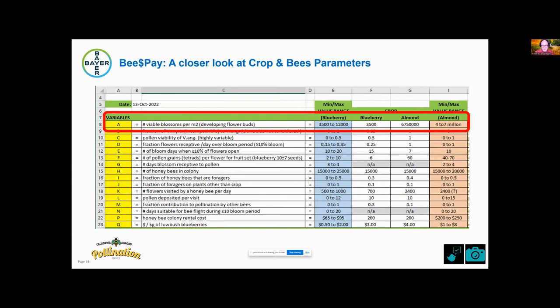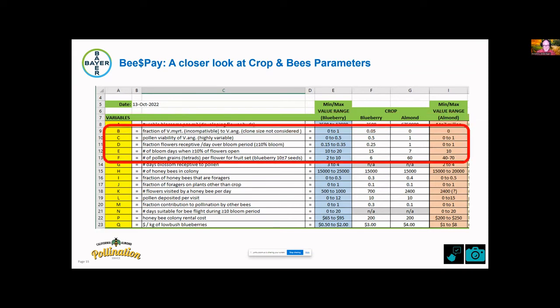This change also meant that some of the equations for the almond side had to be revised. Variables B to F are related to pollen compatibility, viability, and availability, as well as requirements for fruit set.